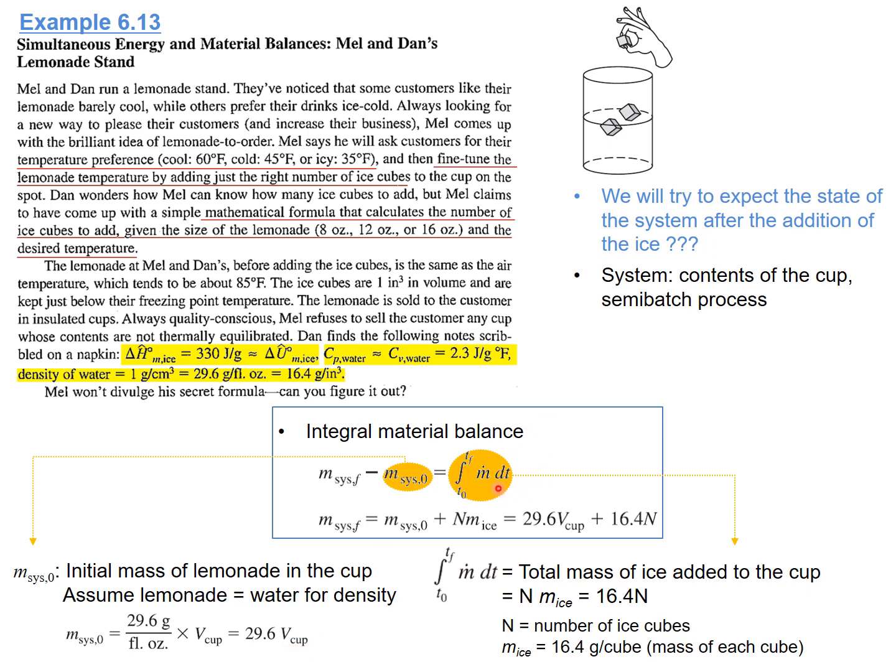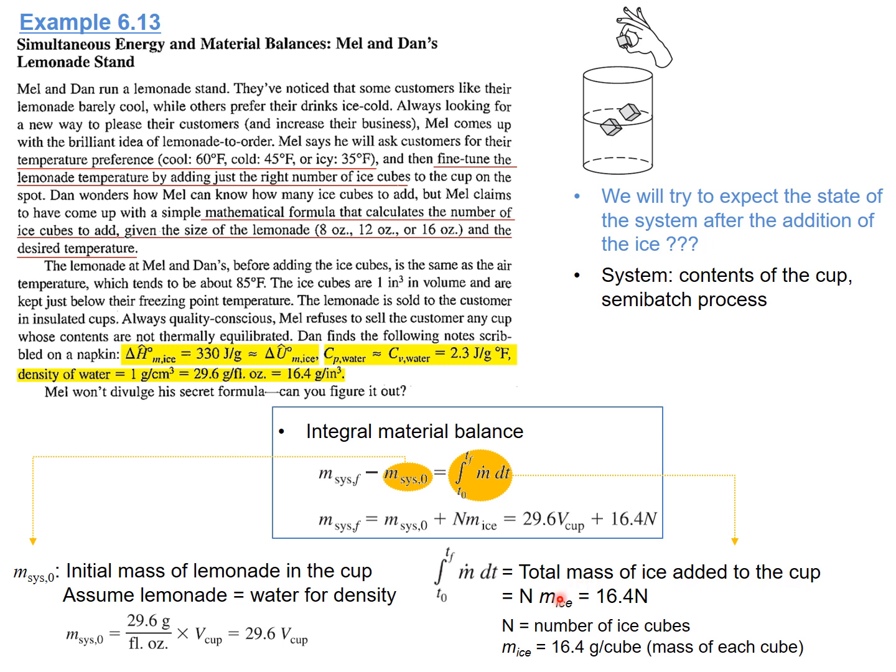The other thing, input stream. This one, I mean the mass flow rate as the input, and then this value should be integrated. It means total mass of ice added to the cup.